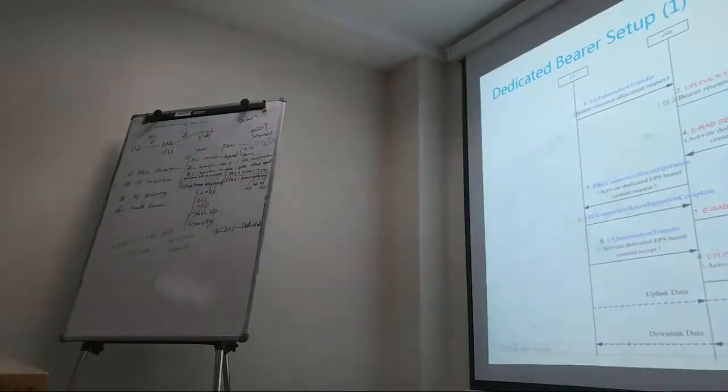For the bearer, we also need to create bearers of QCI1 and QCI2. In VoLTE, QCI1 and QCI2 are created by this signaling, by this procedure. The UE will transmit a UL information transfer and uplink NAS transport to ask for the QCI1 parameters.